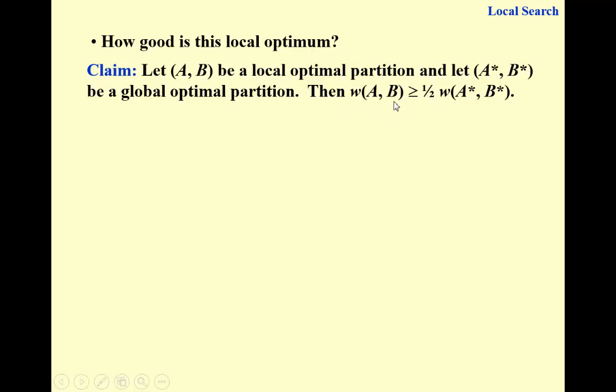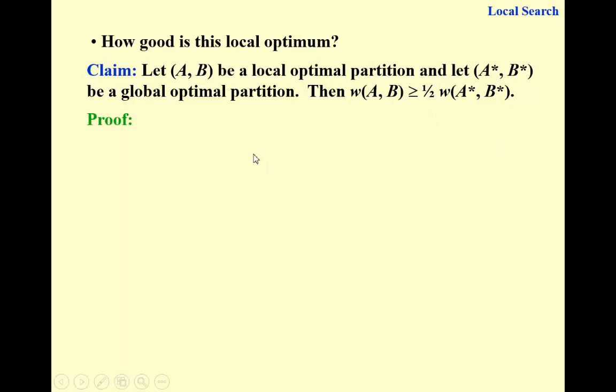This local optimum we obtained from the single flipping algorithm is no less than 1/2 of the real optimum. Which means the approximation ratio is about 2. Now let's try to prove it.